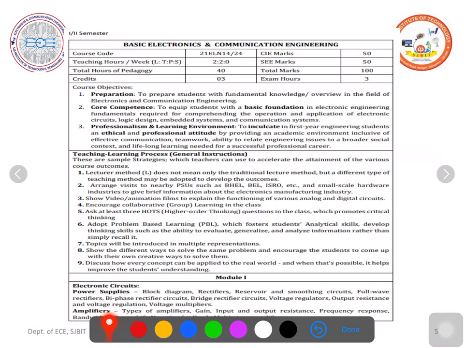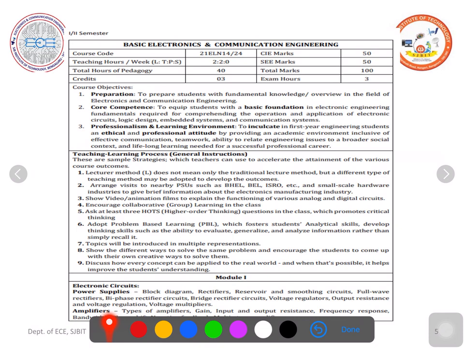And to inculcate in first year engineering students an ethical and professional attitude by providing an academic environment inclusive of effective communication, teamwork, ability to relate engineering issues to broader social context and lifelong learning needed for a successful professional career.